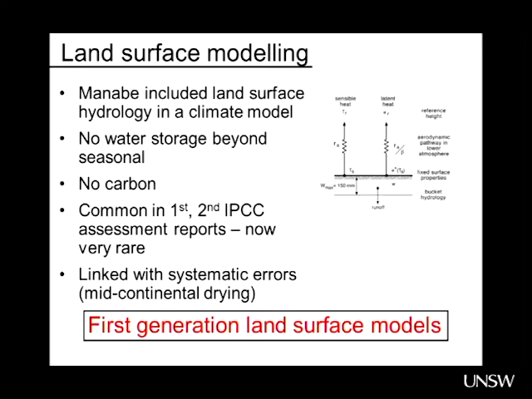It dried out much too quick, got much too dry, and therefore we got these projections of future climate at continental scales showing much too much continental drying. This is known as a first generation land surface scheme, and if you are using a climate model with one of these, stop it. It is provided for historical purposes only.